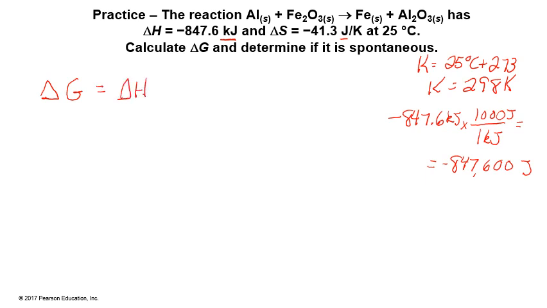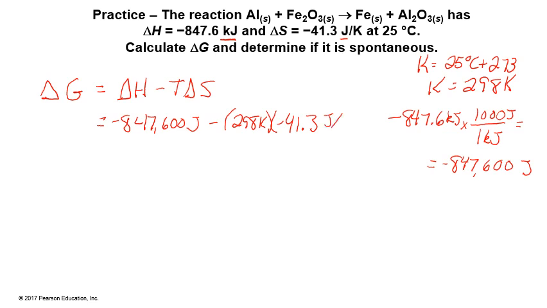And again, because they're both negative, this is a case where it depends on the temperature whether it's spontaneous or not. So we have to do the calculation. Our enthalpy is pretty large in this case, negative 847,600 joules, minus 298 Kelvin times our entropy, joules per Kelvin.